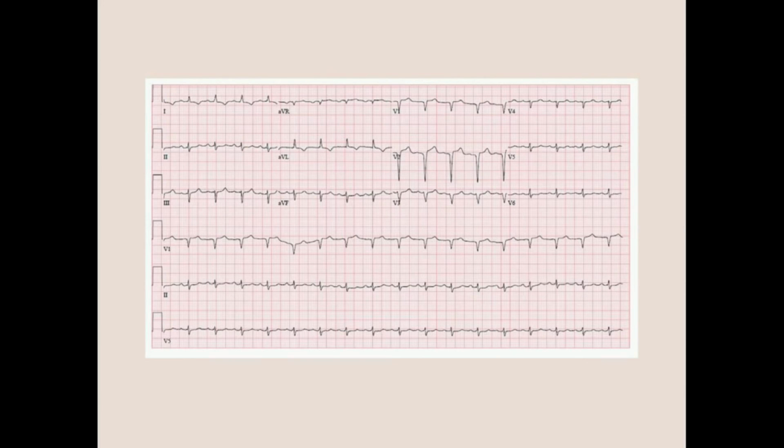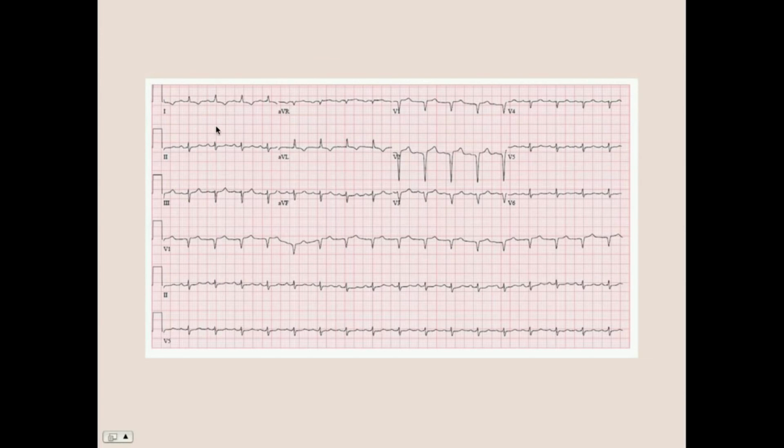Remember, V3, V4, V5, and V6, we're talking about the ones that are closest to the ventricles, the left ventricle. So what this really is, is decreased QRS amplitude.